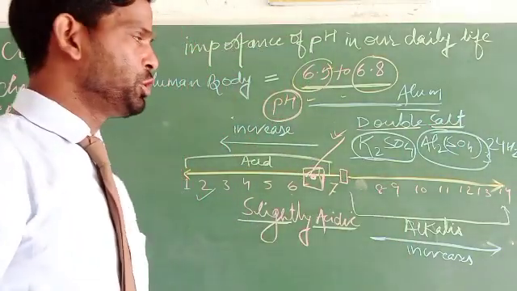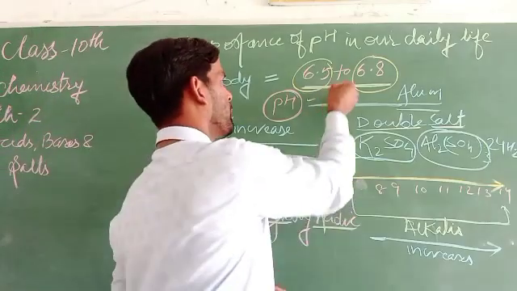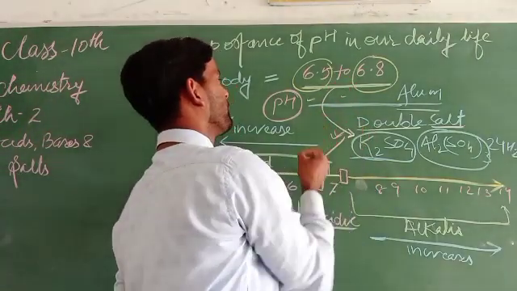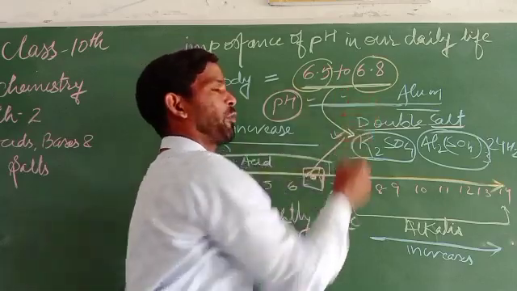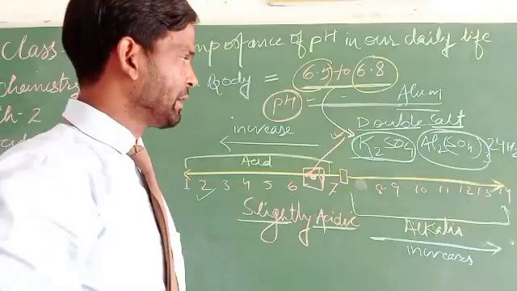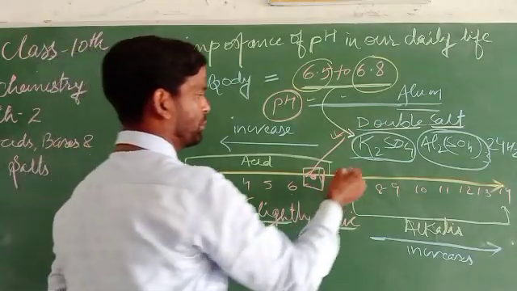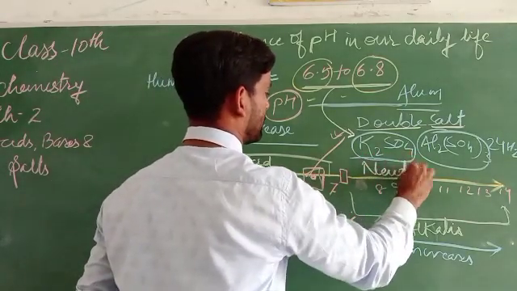And by using this salt, the pH range might be from 6.5 to 6.8, which is acidic in nature and has to be neutralized.